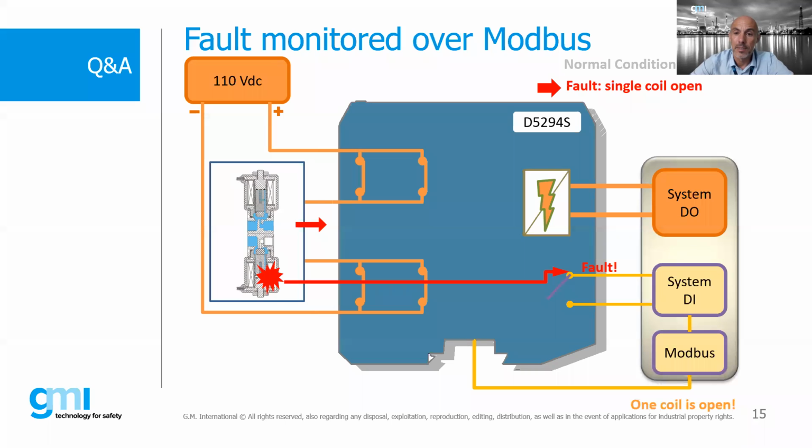But you have exact information about the fault. Another advantage is the complete programming or monitoring of the status of all the relays placed on the bus from a remote PC.